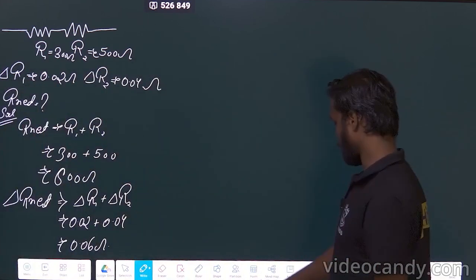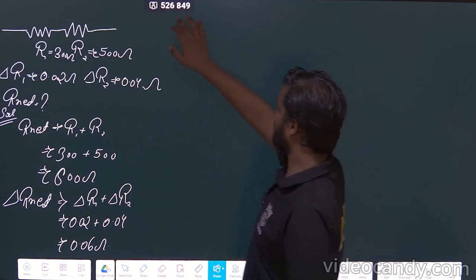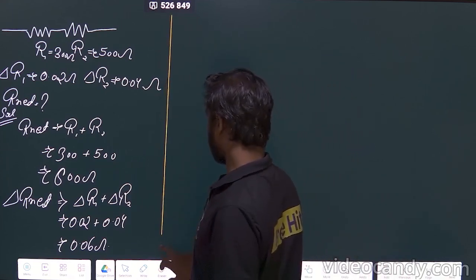Now next example. We have seen how error is going to propagate in addition and subtraction.